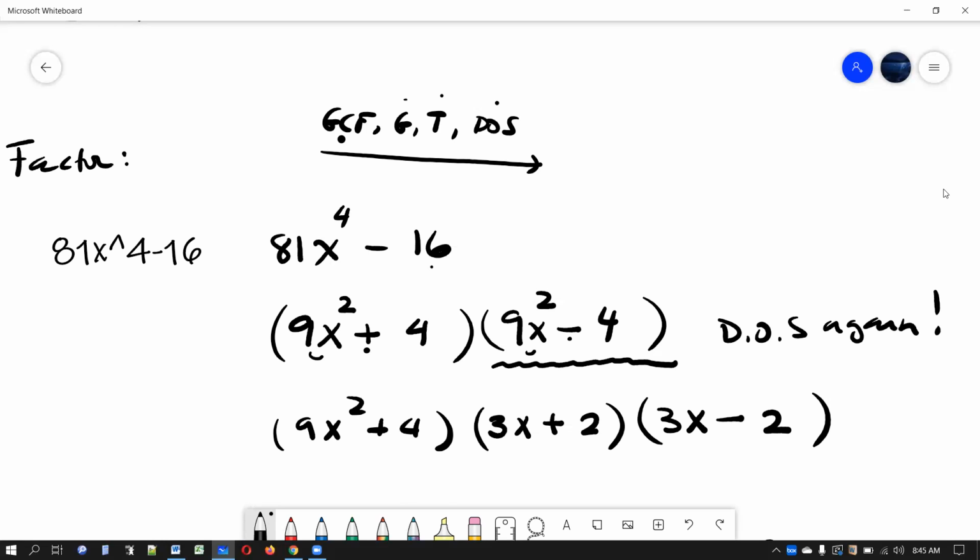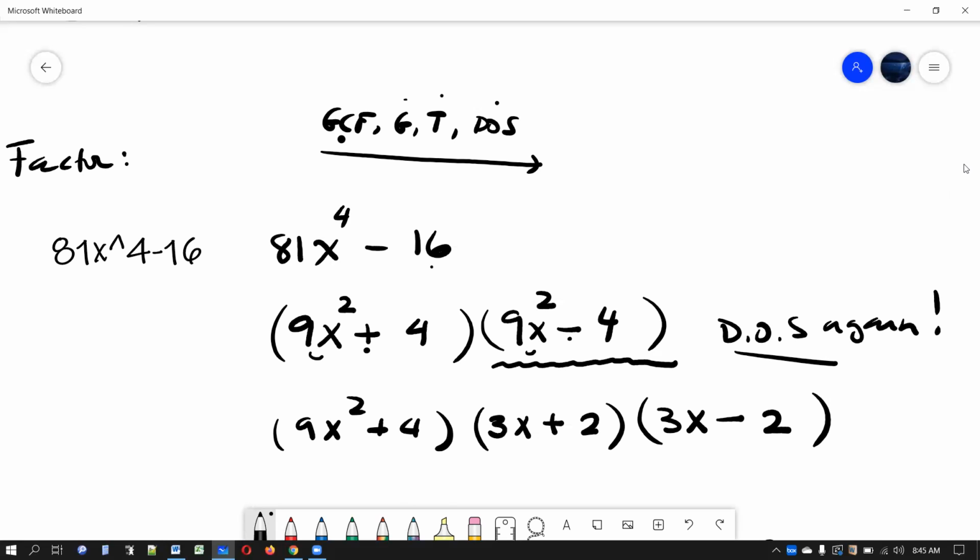I factor by difference of squares, I get the answer, and I ask myself, do I have to go further? Is there any more that I can factor? I can certainly not factor the first term, but look at the second. The second term is again difference of squares.